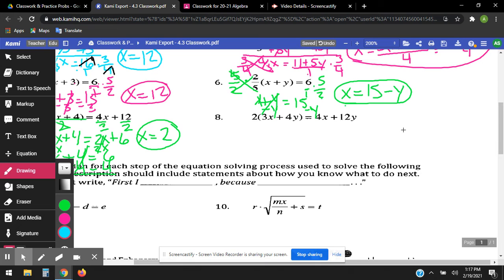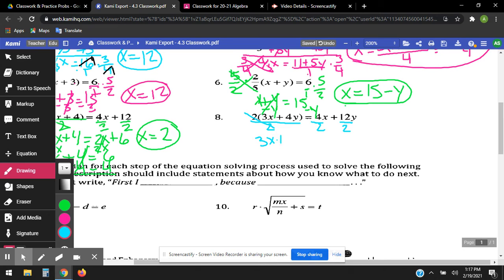Here we've got the similar idea, the parentheses, except we've got a y in there. So again, 2 is what I want to get rid of first because it's outside of the parentheses. Both of these two numbers are divisible by 2, so let's just go ahead and divide out 2 so that we can make smaller numbers to work with.